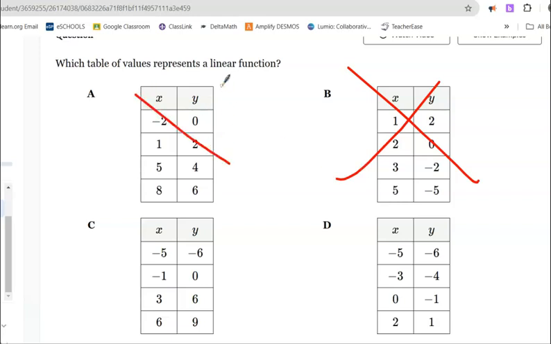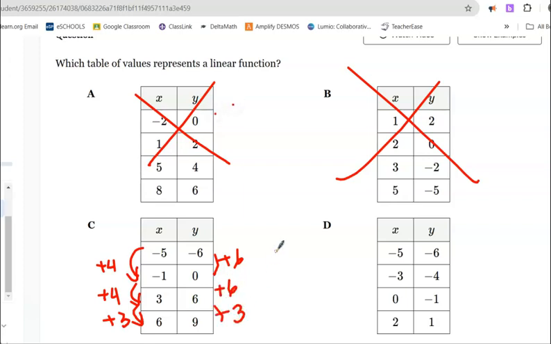These are both out. Now for this third one. Looks like I go up 4, up 4, up 3, up 6, up 6, up 3. Well, 6 over 4 and 3 over 3 are not the same fraction. That must mean this last one is correct, but let's check and be sure.